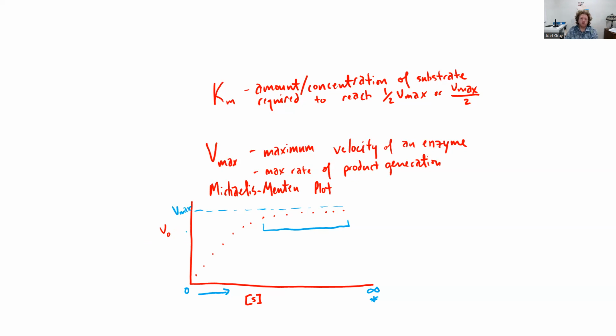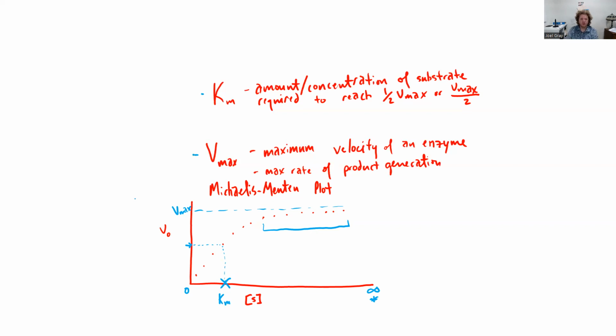Now, you can say, what is half of that along my y-axis? It's right there. Now, how does that correspond to my x-axis? Just like this. That's going to give you an approximation of your Km.